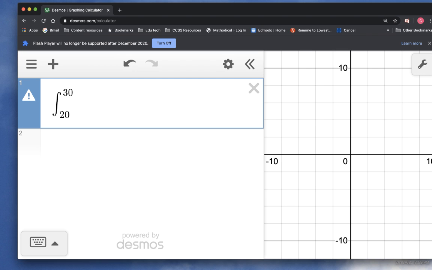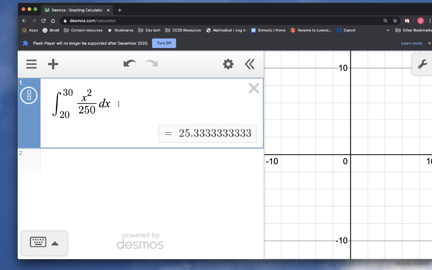And I can arrow key to the right, and I'm inside the integral now, and I'm just going to type the expression that we ended up with, which was x squared, using the caret, divided by 250. Then you need to put this little dx in there to close out the integral, and immediately an answer pops up. Okay, so this is our mean, 25 and a third. Or we can just round it off to 25.3.